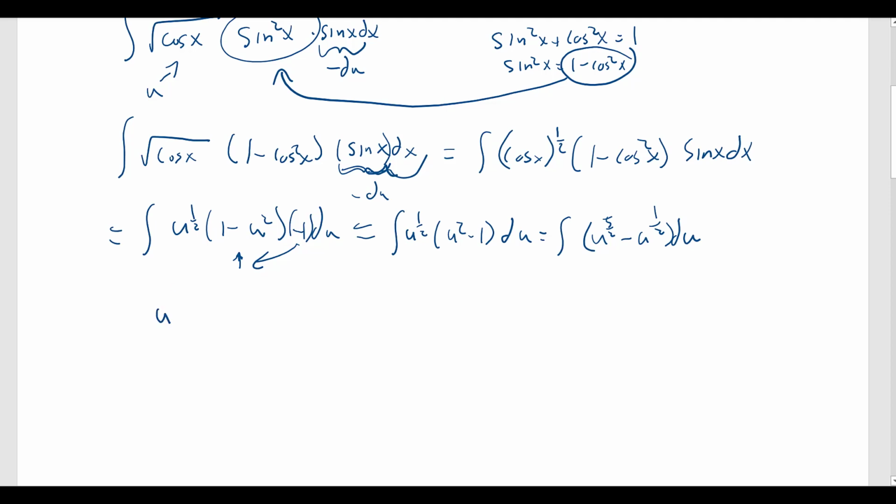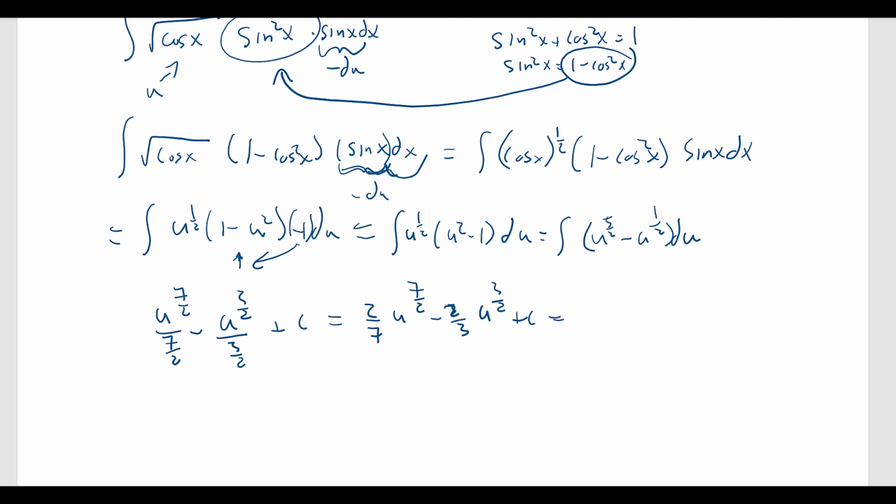It's u to the 7/2 over 7/2 minus u to the 3/2 over 3/2 plus c. So to clean it up a little bit, it's 2/7 u to the 7/2 minus 2/3 u to the 3/2 plus c.